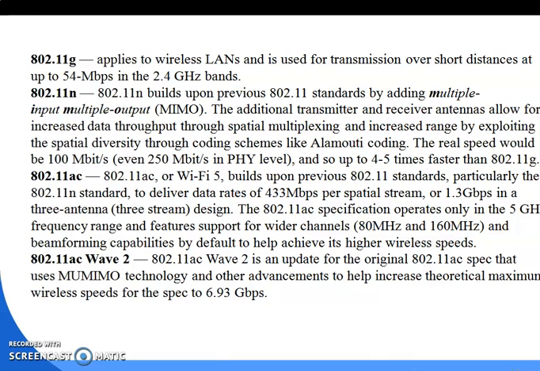So these are generally the standards used in 802.11.